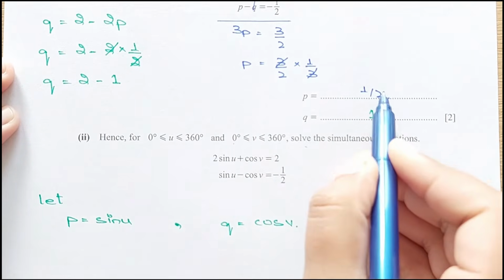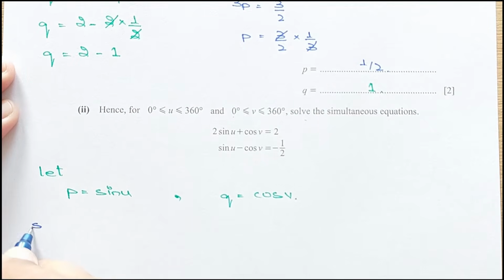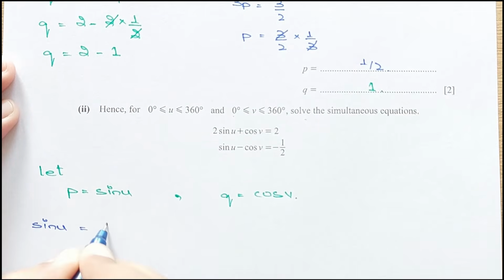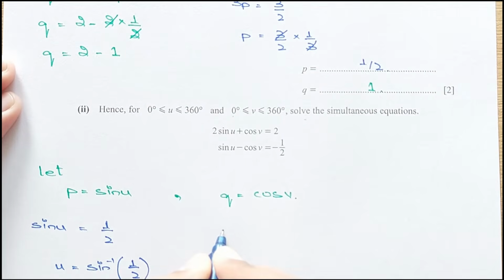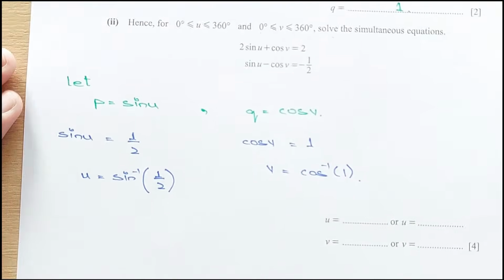And we got the value of p, that is 1 by 2, and q is equal to 1. So sine u is 1 by 2, so u is equal to sine inverse of 1 by 2. And cos v is equal to 1, so v is equal to cos inverse of 1. Let me solve these two values first.